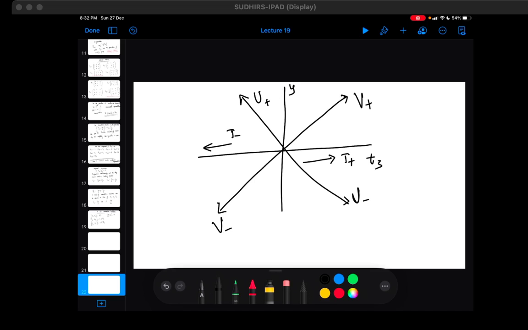Now, so this is some sort of graphical representation of how you can construct the representations of SU3.